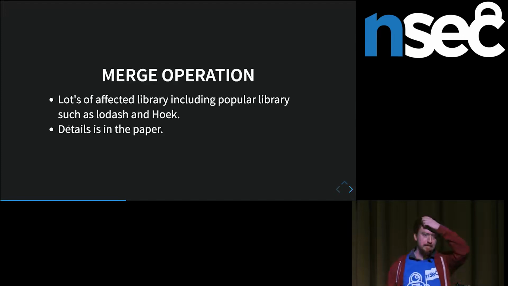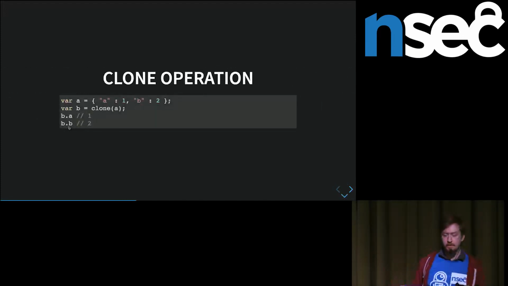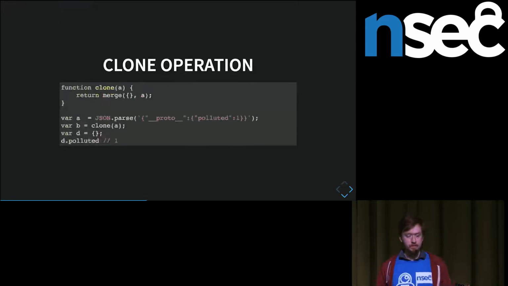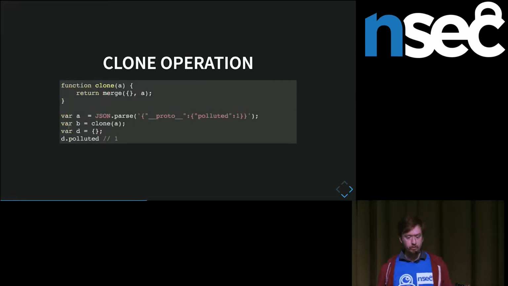So the second class of operation that I found to be susceptible to this type of problem are clone operations. A clone operation is basically when you have an object and you want to create a full copy of it. The way some implementations were vulnerable to prototype pollution through these operations is if they implemented a clone as a merge on an empty object.